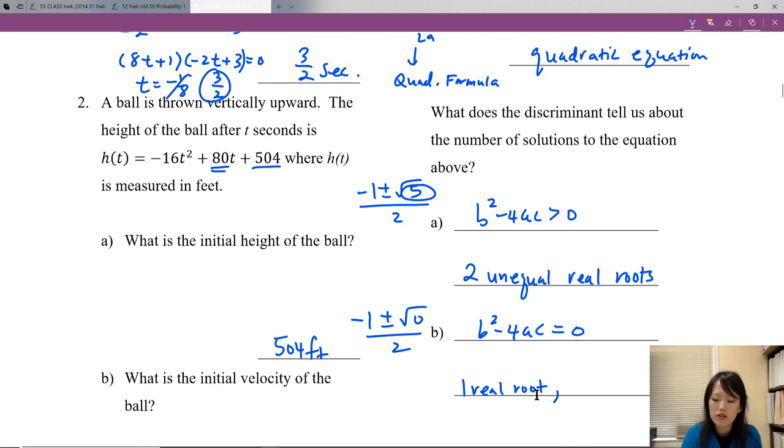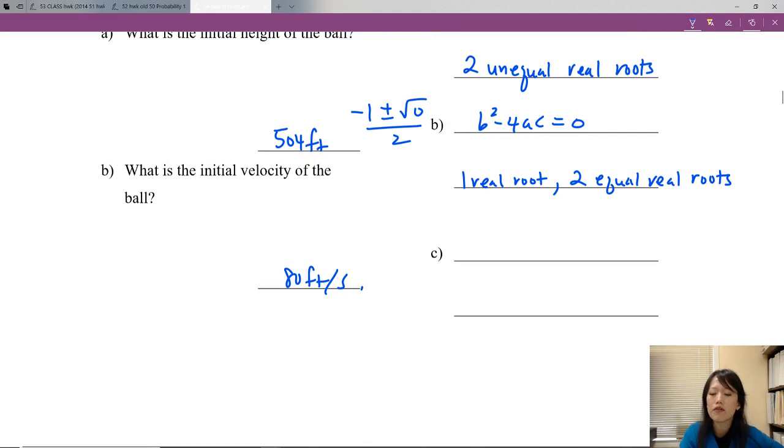You could also answer this as 2 equal real roots. Same roots. 2 real roots, meaning the same answer happened twice, right? It would be a perfect square scenario. So if I had x squared plus 2x plus 1 equals 0, what would you answer for this? b squared minus 4ac would be 2 squared minus 4 times a times c.